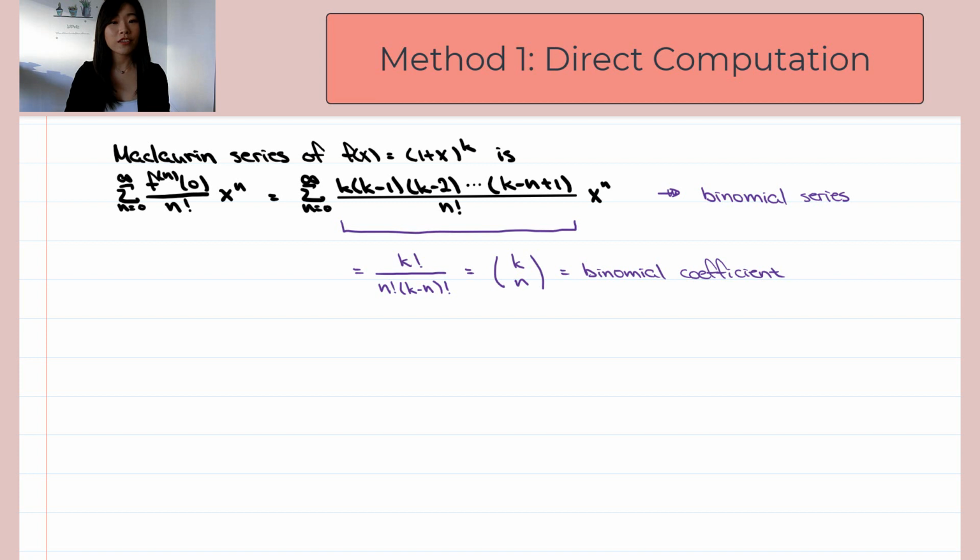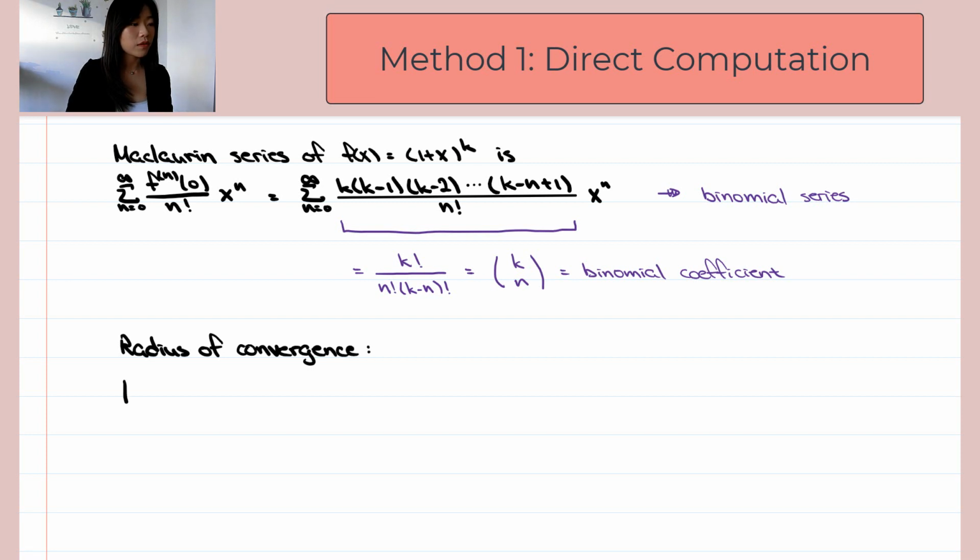Now let's find the radius of convergence for this series. Here we have a combination of factorials. So let's use the ratio test again. Let's first write out the absolute of the ratio, a_(n+1) over a_n, which equals the absolute of k times (k minus 1) until (k minus n plus 1) times (k minus n).